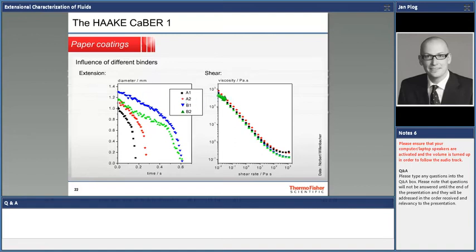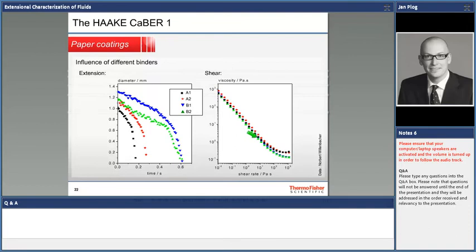Okay, same accounts for different paper coatings. Here you just see that in the shear behavior that we looked at for 4 different formulations that worked from very well, here the sample in black, to not so very good, the sample B1 here in blue, you see almost no differences. The shear behavior is almost the same.